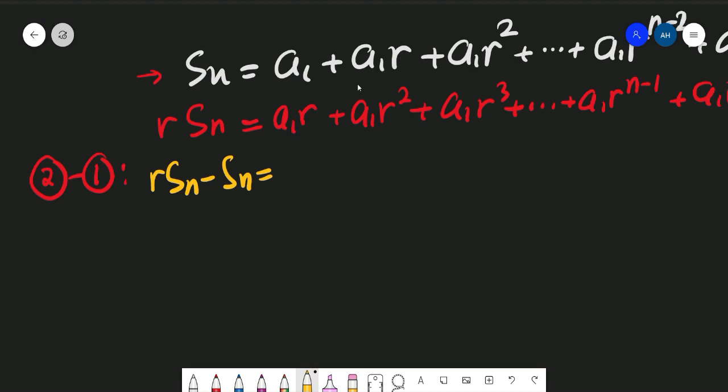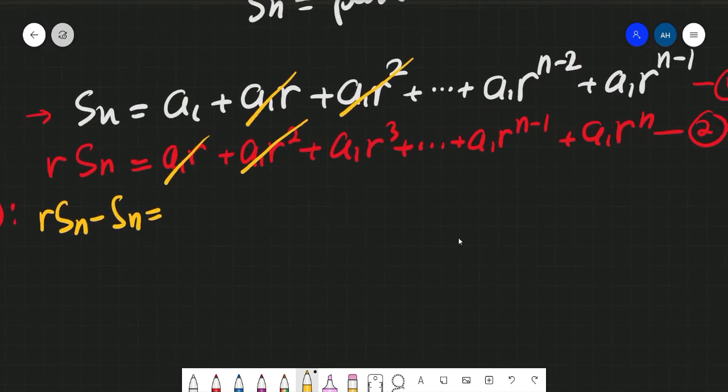When we subtract equation 1 from equation number 2, a1r minus a1r will cancel. So this term and that term will cancel. Whenever we have the same term, it will cancel when we subtract. We have a1r squared here, and also there.